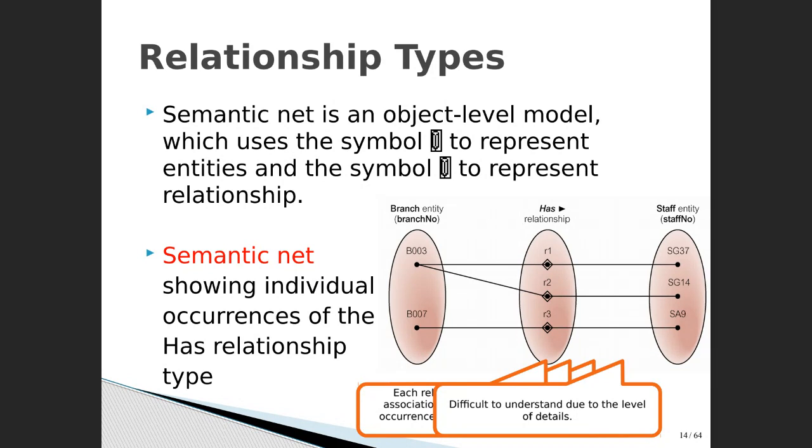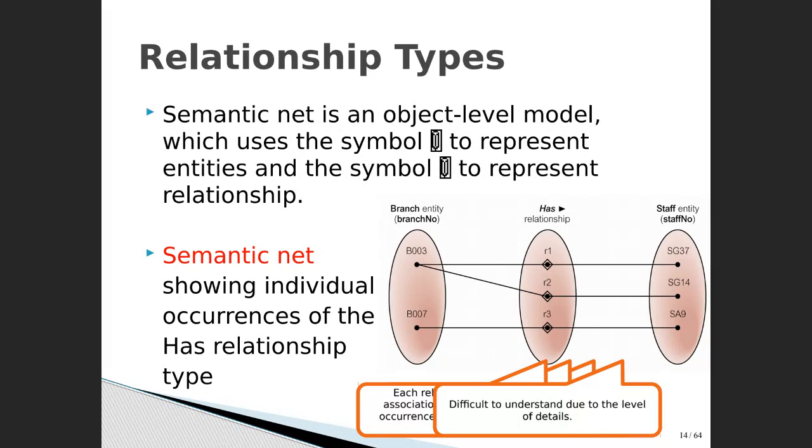For branch 007, it will have only one staff. Of course, this is just an example. There will be more for this branch. So this is how we can represent the relationship type in a semantic net. The dot will represent the entities.